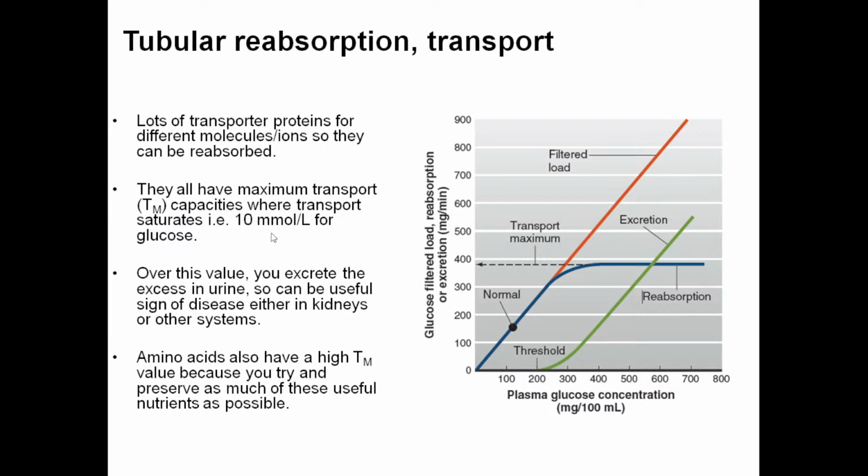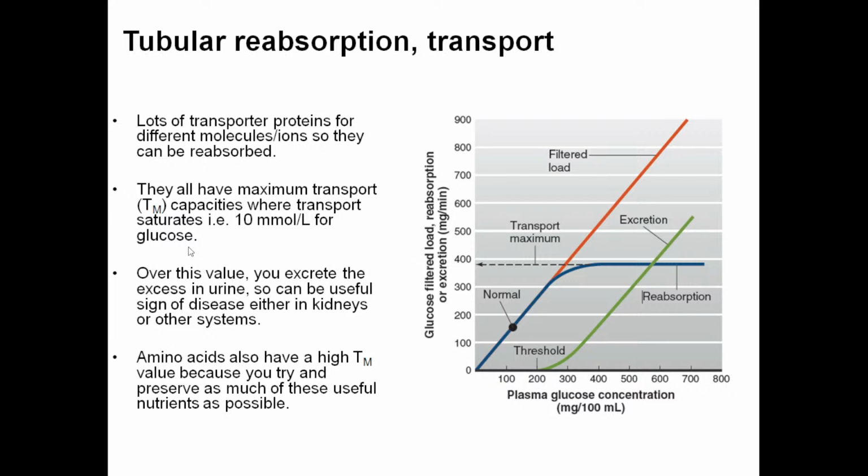And this is the capacity where transport carrier proteins get saturated. And for glucose, it will be around 10 millimoles per liter. And if you go over this value, you excrete the excess in urine. So this threshold can be a useful sign of disease, either due to damage of the kidney or other systems, like in case of diabetes mellitus.